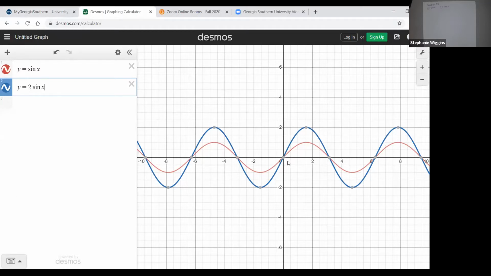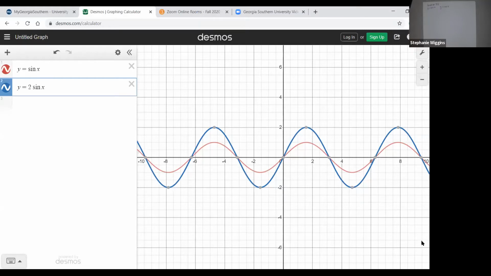That means how far this wave stretches from the x-axis. What's the distance from the x-axis to the highest point? This height is 2. You can see it on the y-axis, the top of the wave is the height of 2. And then when it dips down into a valley, the depth is 2. So that's called the amplitude.